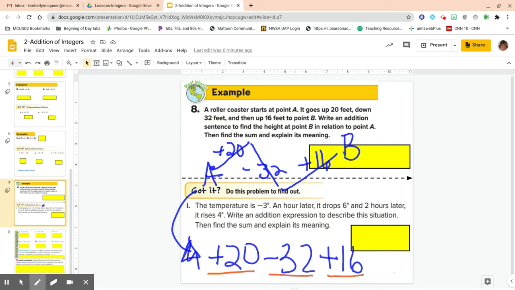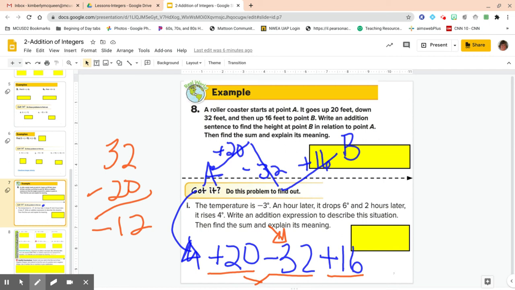So I take the first 2. Same signs, add and keep? No, they do not have the same sign. Different signs, subtract? Yeah, that's what they have. 32 minus 20 gives me 12. Take the sign of the higher number. Well, 32 is obviously bigger, and 32 has the negative. So my answer is a negative 12.